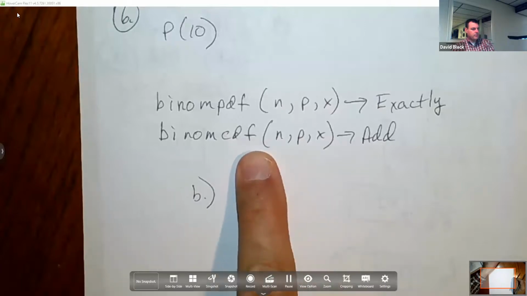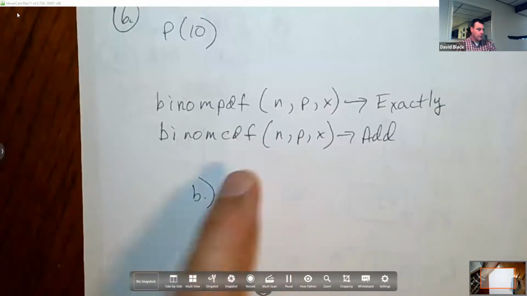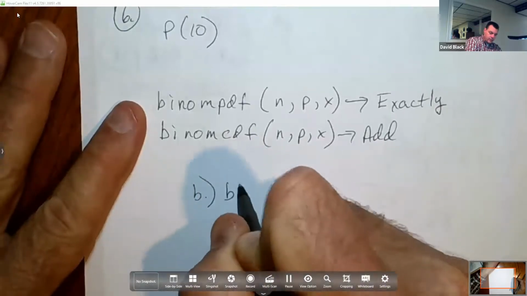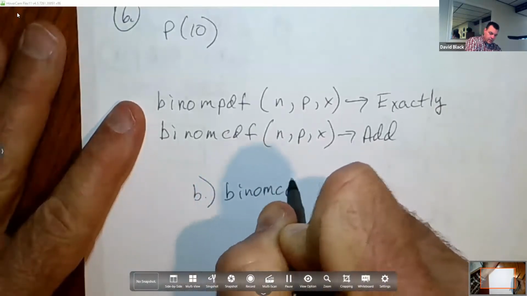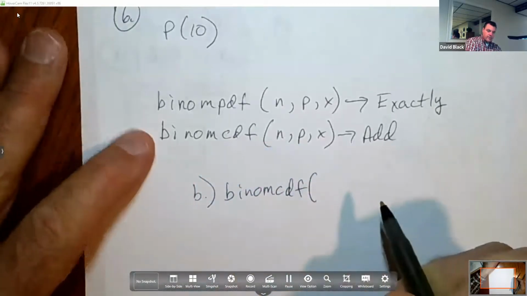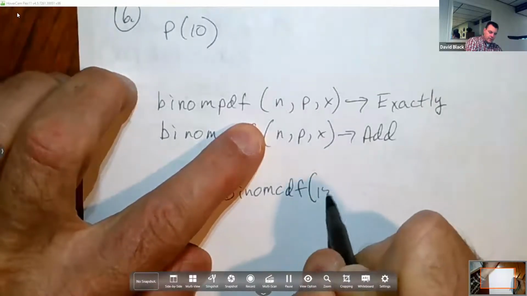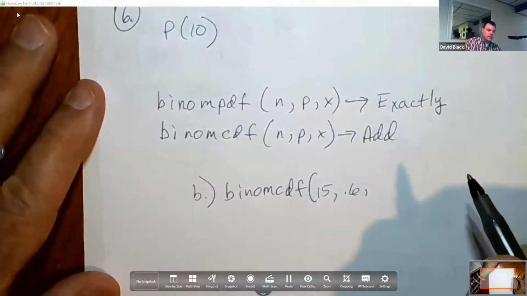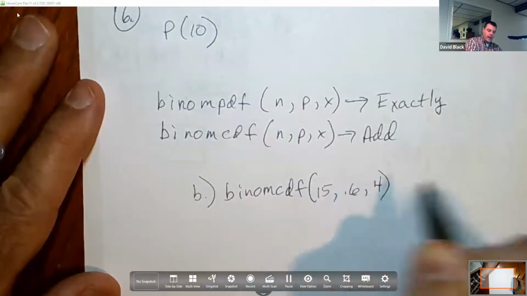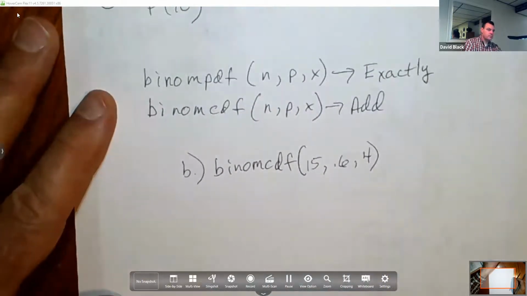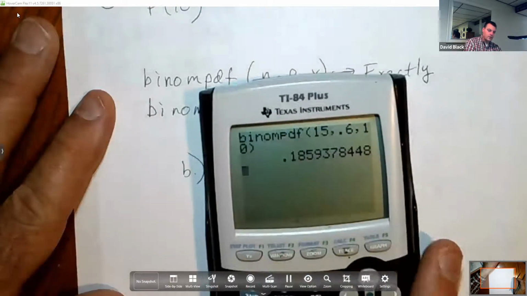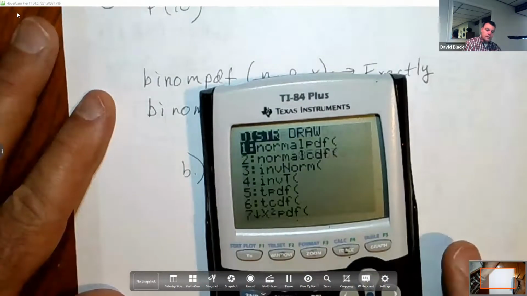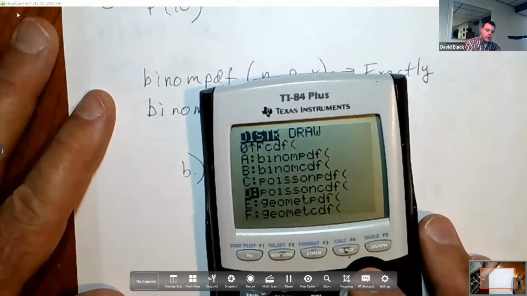So this is a binom CDF problem. I want to add up through 4. So here we're going to binom CDF. I've still got 15 in my sample. My probability of success is still 0.6. But I want to add up through 4. Okay, so here we go.